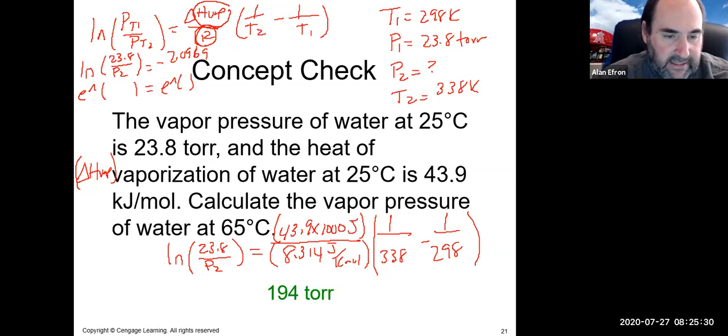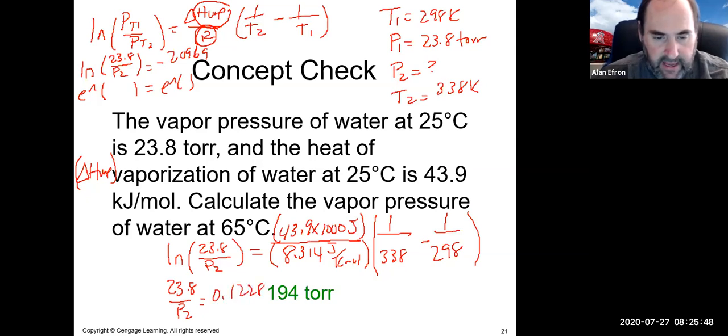When you do the E to the power on the left, it just becomes 23.8 over P2. And if you do the E on the other side, you end up with 0.12283. You then need to multiply the P2 to the other side and then divide.